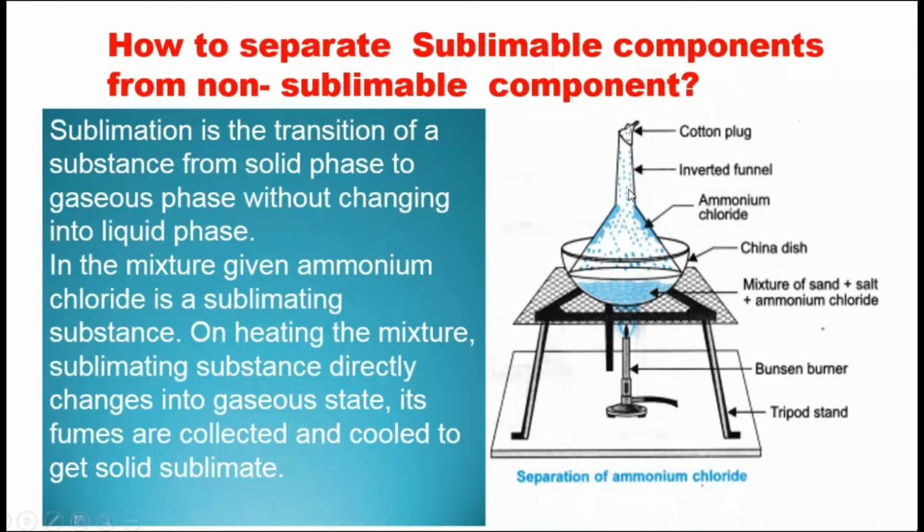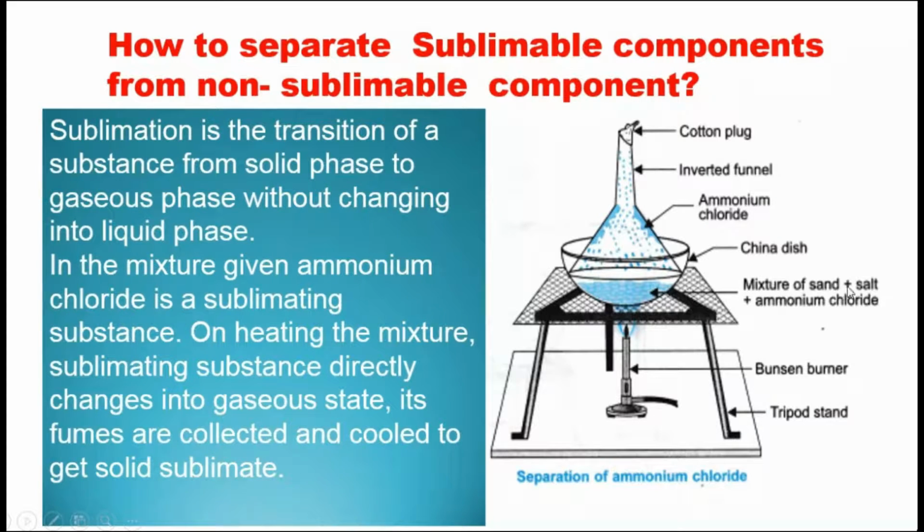So when we remove this inverted funnel, what we can get here is the ammonium chloride. So this way we have separated ammonium chloride from the mixture of sand and salt.